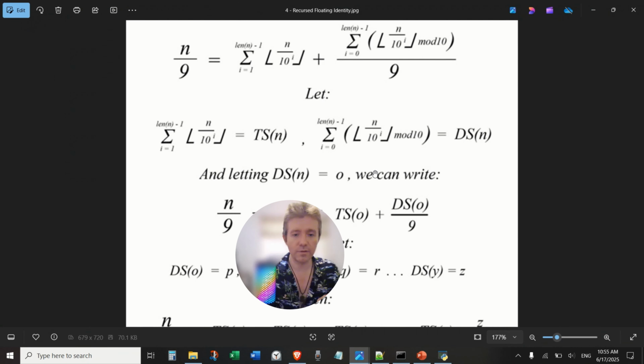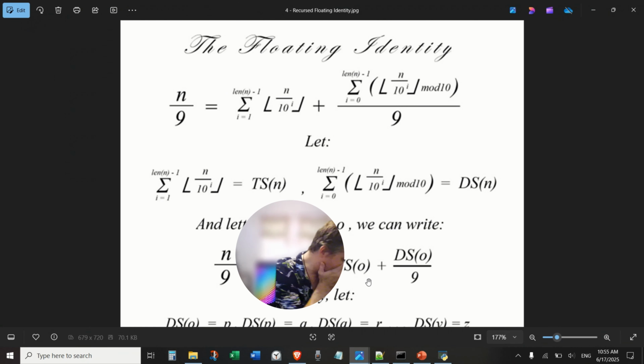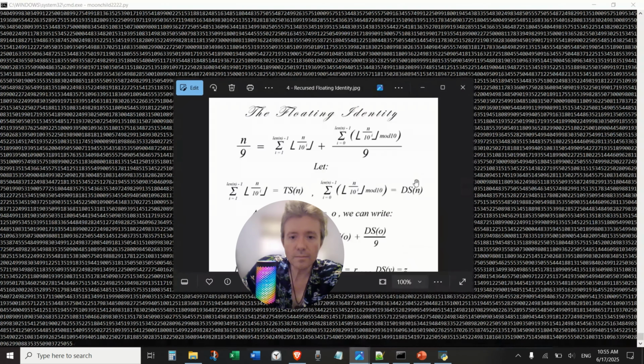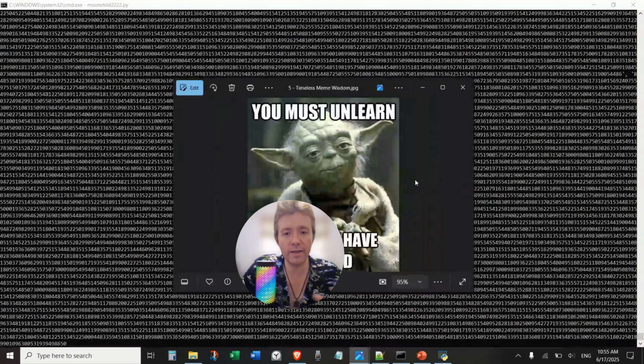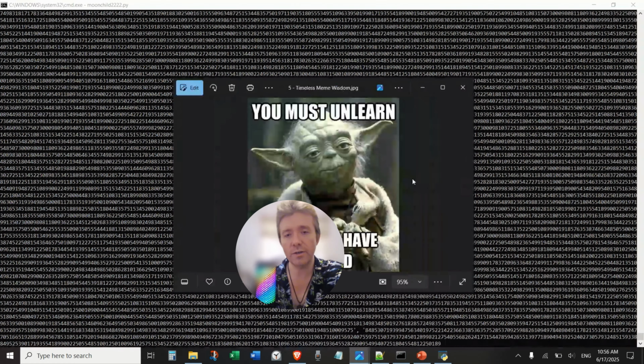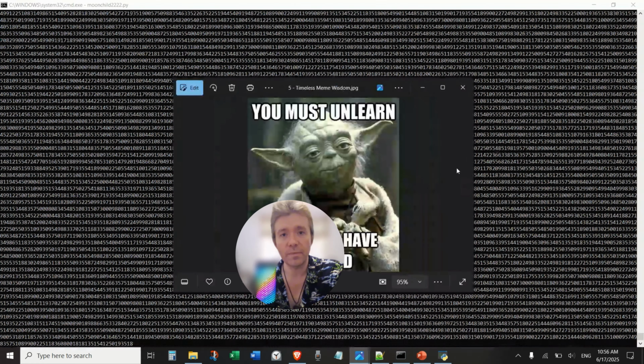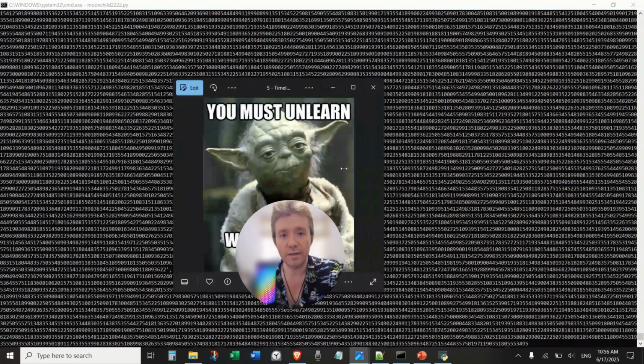The recursed floating identity is able to extract the entire whole part of n over 9 for any arbitrarily long number, any length number.